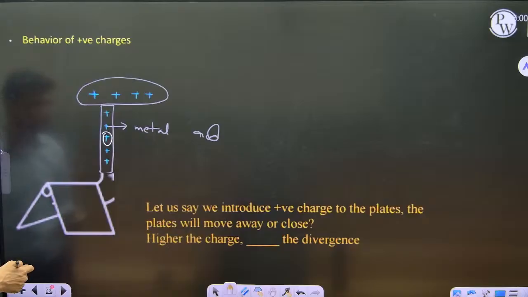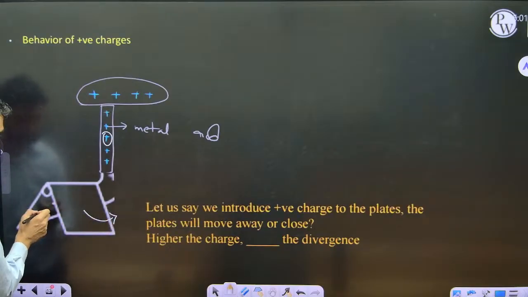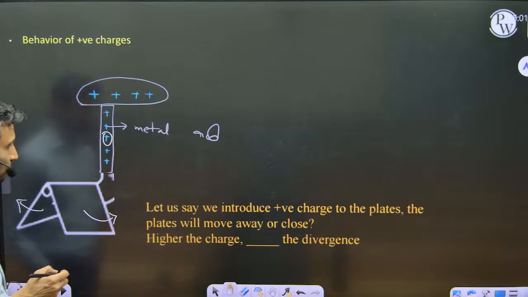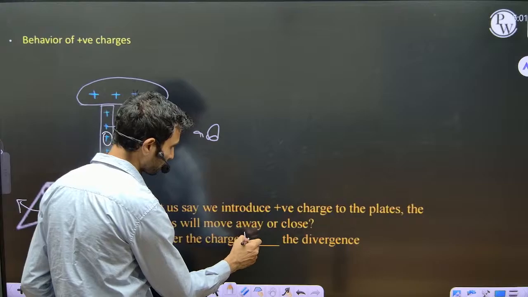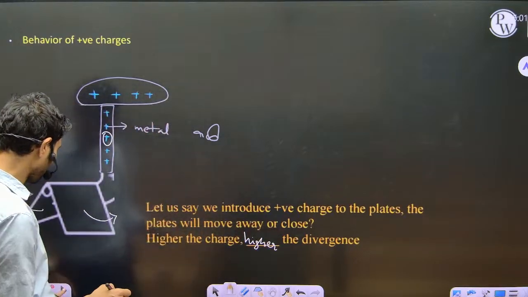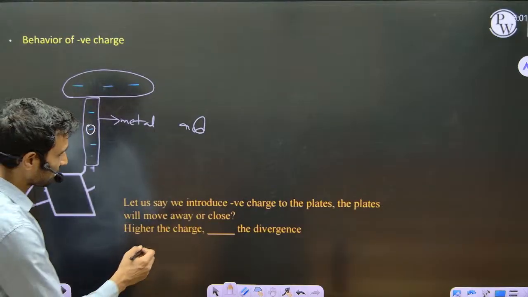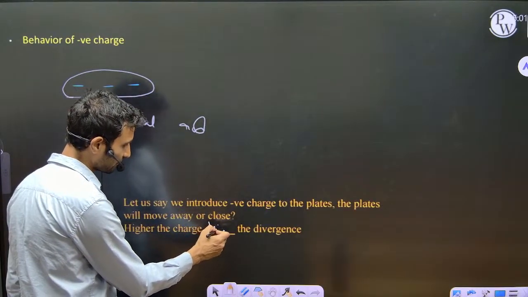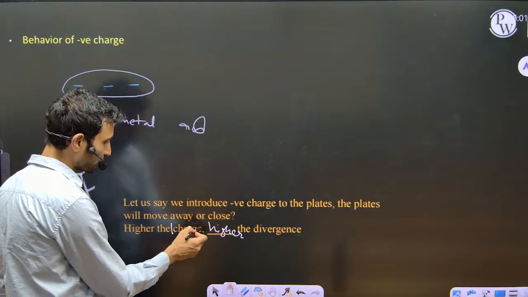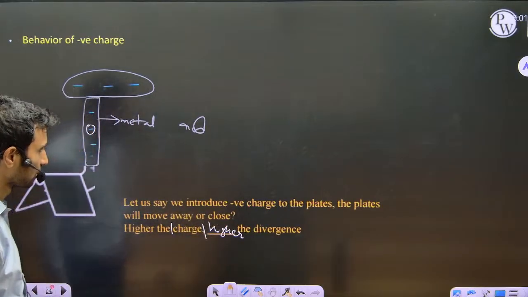So higher the charge, higher the divergence. In this case also, same thing: higher the magnitude of charge, higher the divergence.